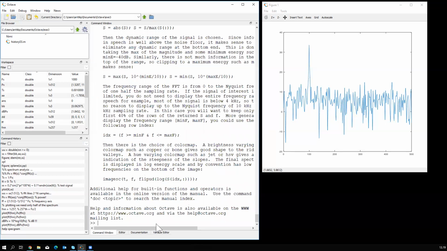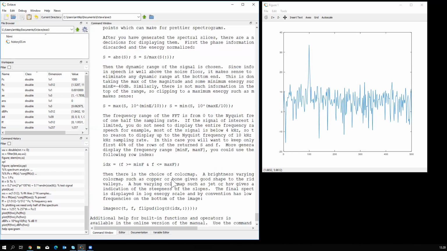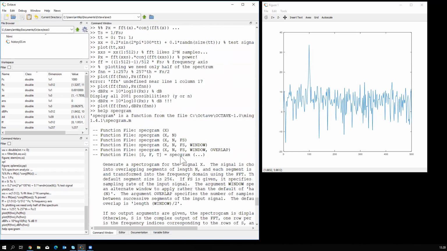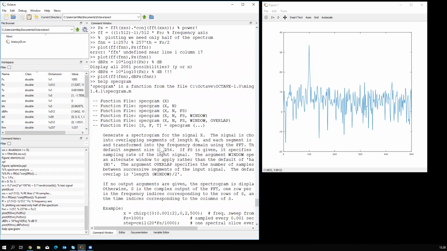I'm not sure how well it looks when we have a limited number of points. Our data is X. What is the N here?